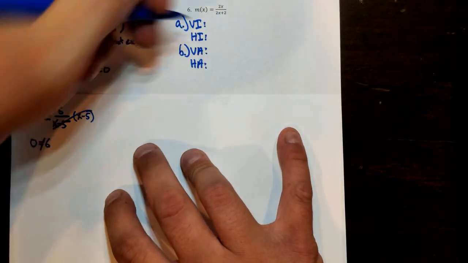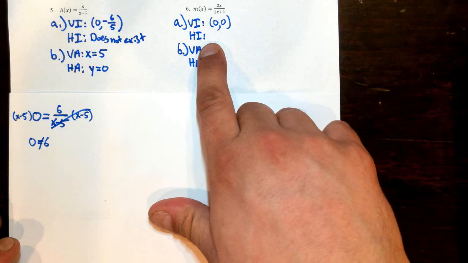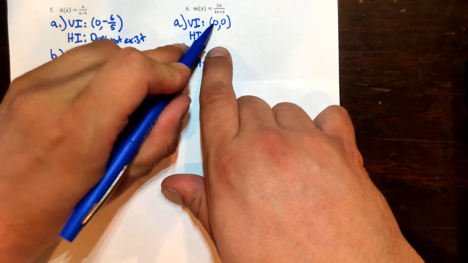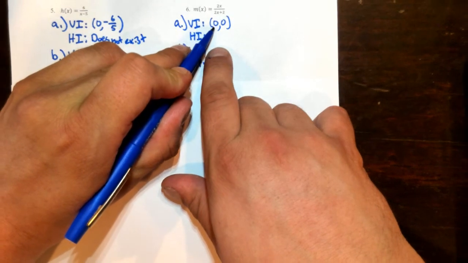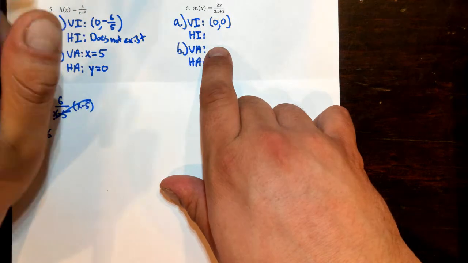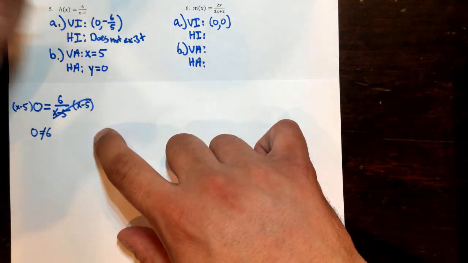So 0 over 2 is just 0. And then here, our horizontal intercept, think about it. If it crosses at the origin, isn't that also a horizontal intercept? Let's solve for x just in case, just to make sure, because there might be more than one.